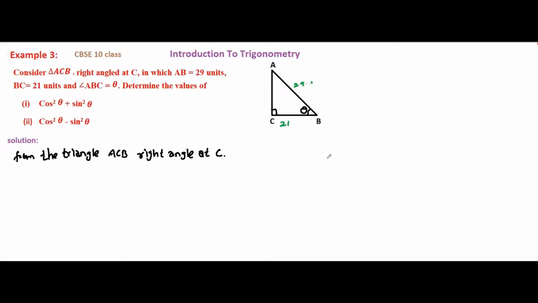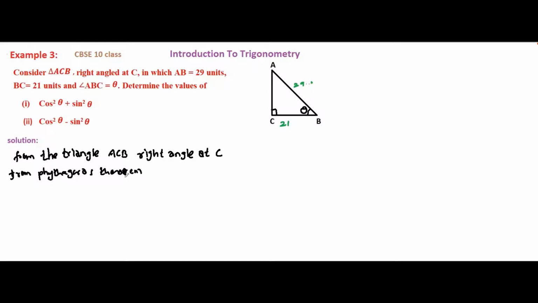For that, which theorem can we use here? By using the Pythagoras theorem, what can we write here?